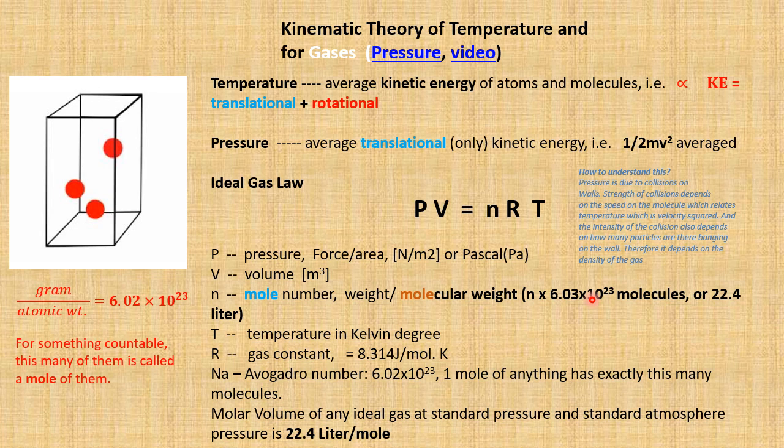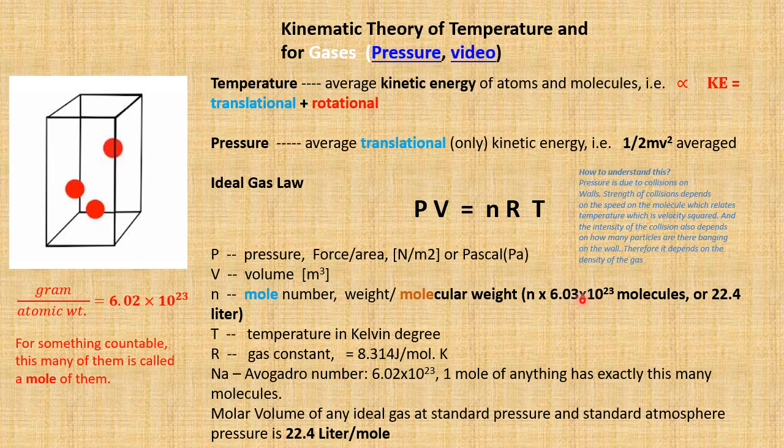The weight is just its molecular weight turned into grams. So, for example, the molecular weight of a hydrogen atom is 1, and therefore 1 gram. The molecular weight of a hydrogen molecule is 2, therefore its molar weight is 2. The molecular weight of helium is 4, and therefore the molar weight of helium is 4 grams.